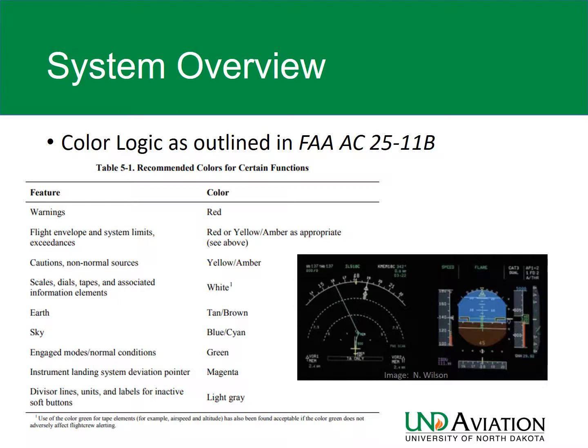So we all associate green with normal conditions or engaged modes. That's a pretty common theme. Red we know as being warnings or abnormal or limits of the flight envelope, exceedances, that sort of thing. So this is not all by chance. We as aviators want to be able to fairly easily interpret different conditions.